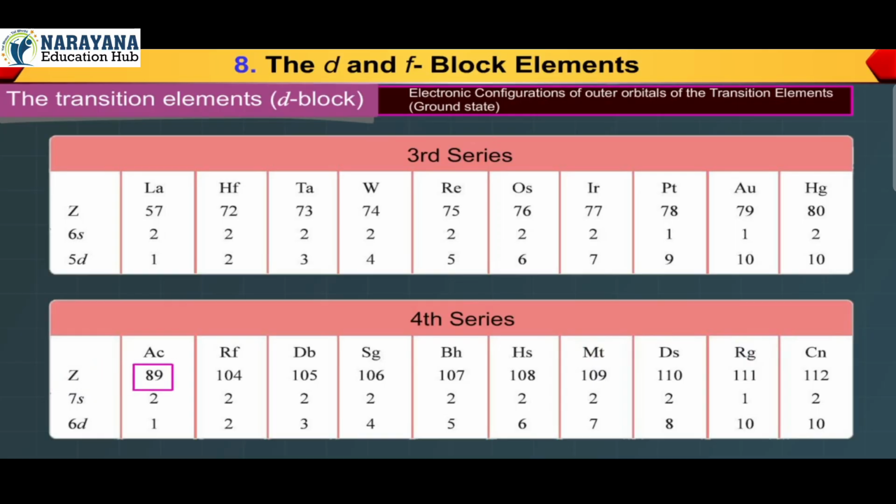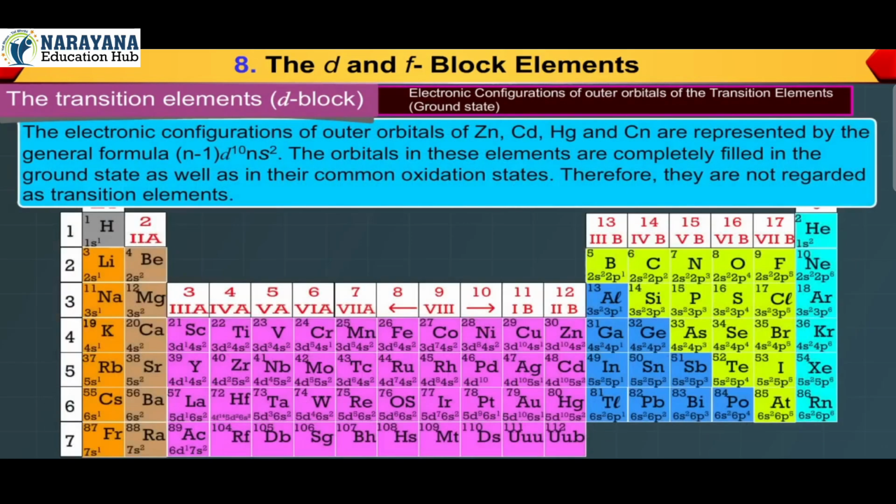Z 89, 104, 105, 106, 107, 108, 109, 110, 111, 112. 7s: 2, 2, 2, 2, 2, 2, 2, 2, 1, 2. 6d: 1, 2, 3, 4, 5, 6, 7, 8, 10, 10.